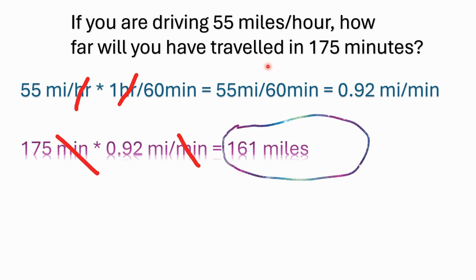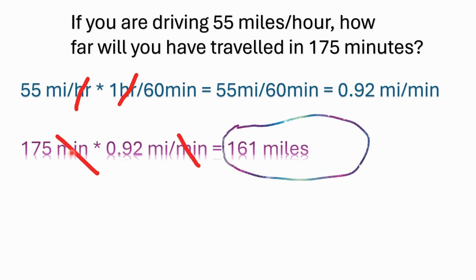So we're asking how far we traveled in 175 minutes. If you take 175 minutes times the distance we're traveling per minute, which is 0.92 miles per minute, well, now our minutes cancel out.